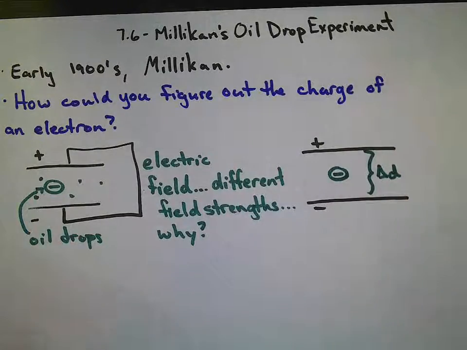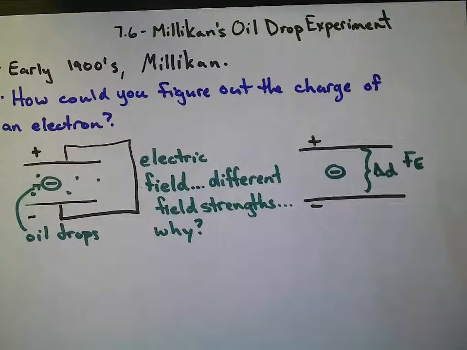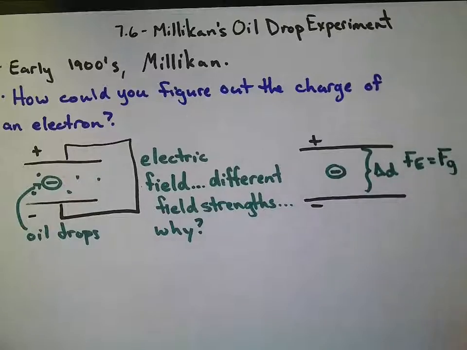Well, what's the purpose of having this at a motionless state? He realized that when it's in a motionless state, the magnitude of the electric force would be equal to the force of gravity, which would really help him determine this electric field strength.